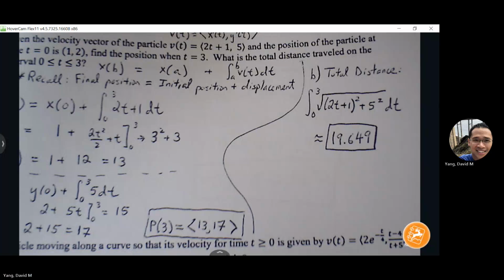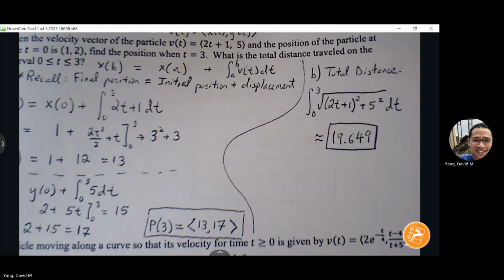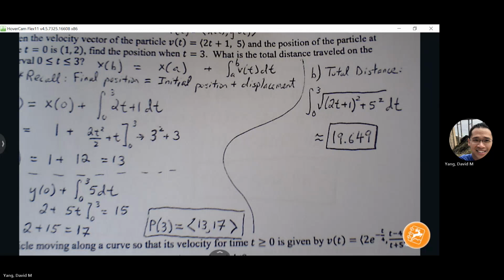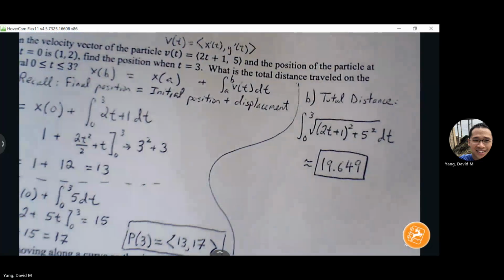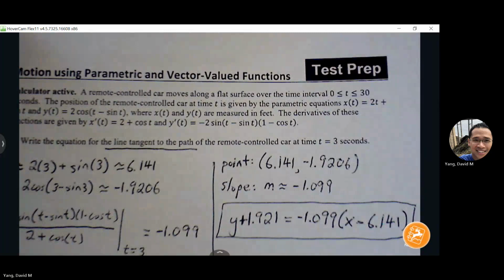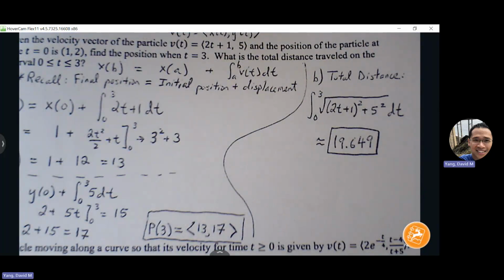You can get that approximation. Okay, questions here?